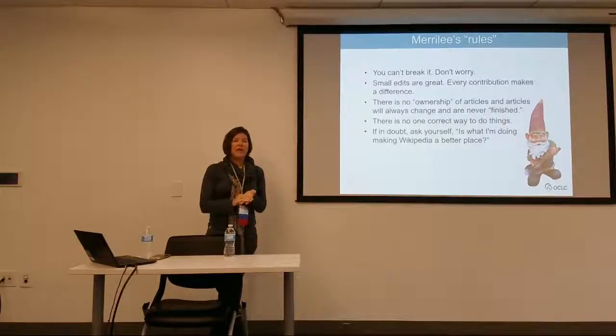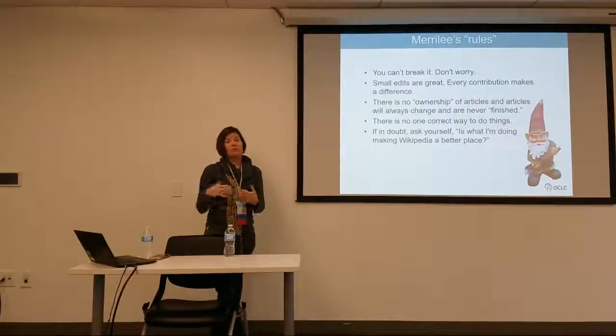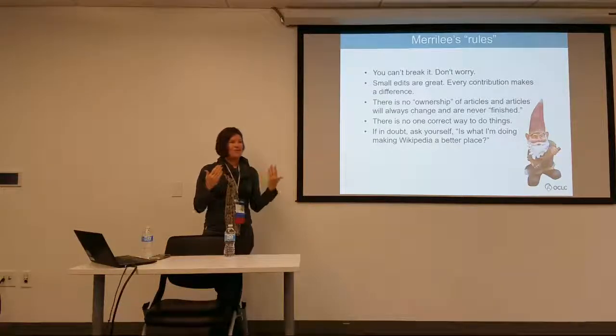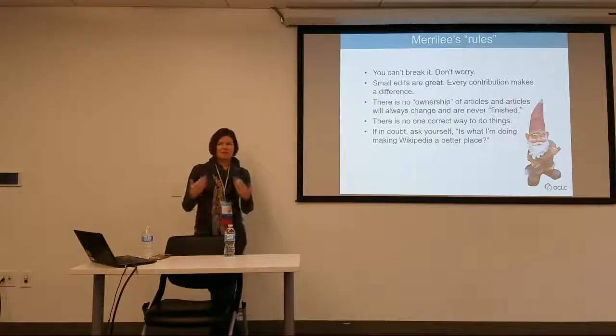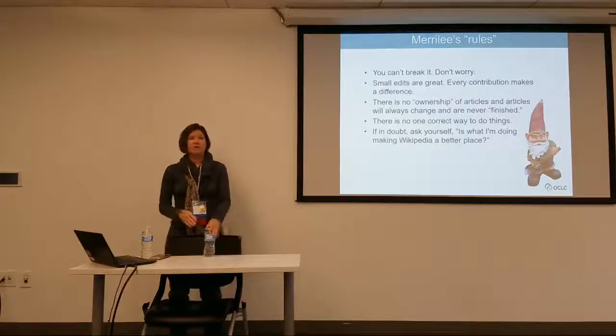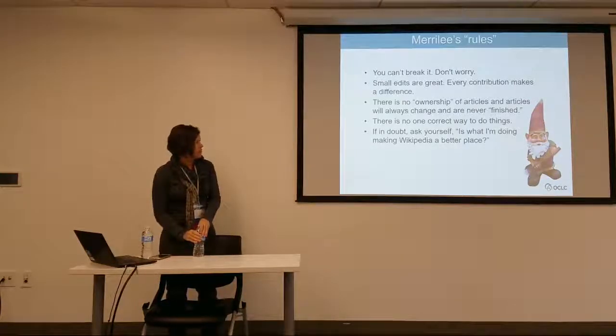And when you're doing that, just ask yourself, is this the only thing I want to do and then get out, or do I want to contribute to the project on an ongoing basis? If you can be honest with yourself about your intentions and try to contribute as best you can, that's a really good thing.